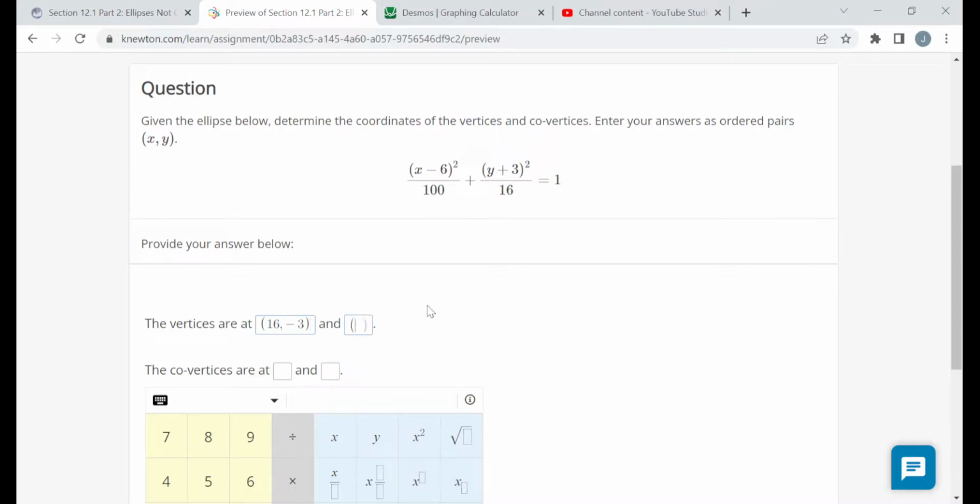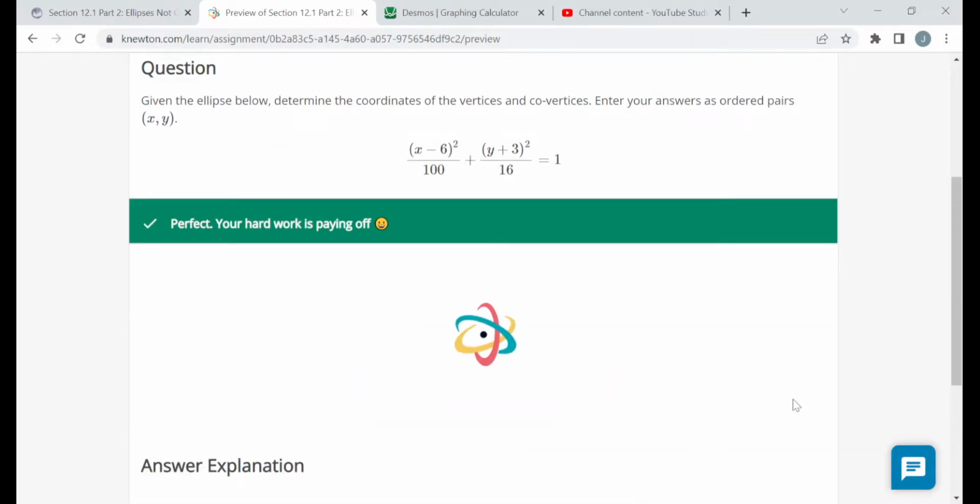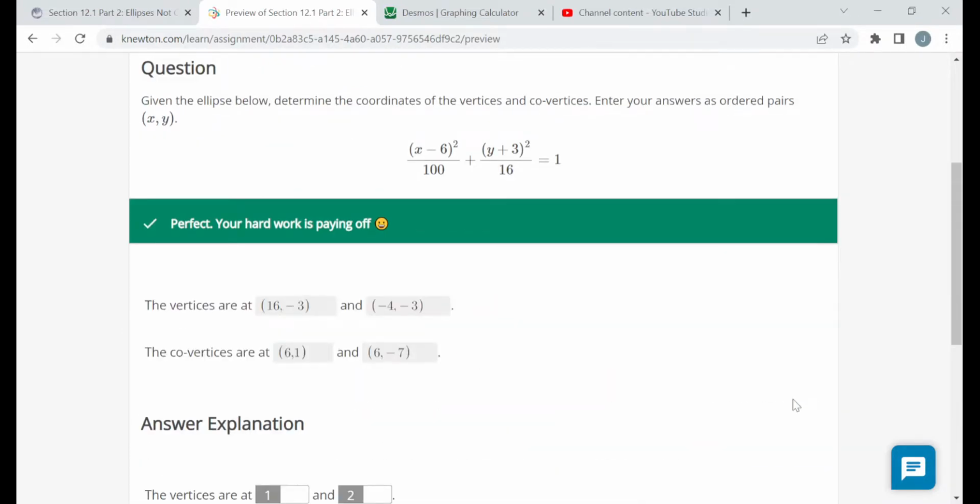And then -4, -3 for the other. And co-vertices 6, 1. And 6, -7. That should be good. And again, we saw a graph, we saw a picture of it. Great.